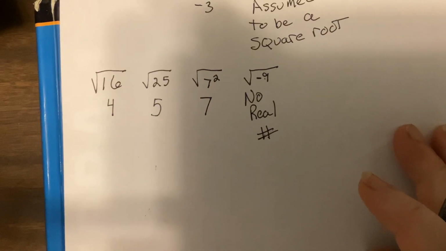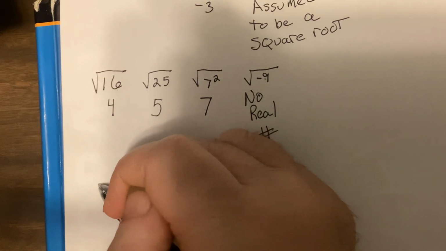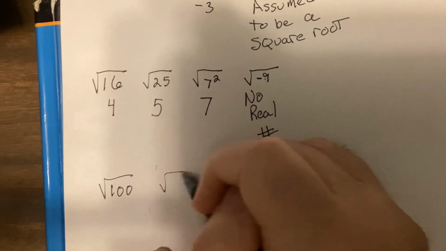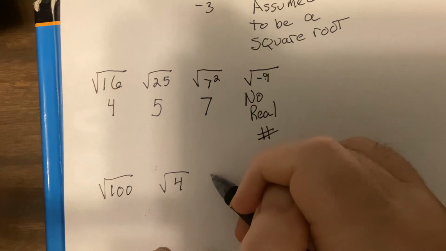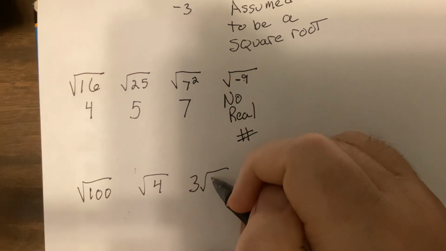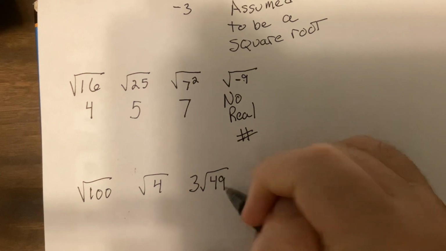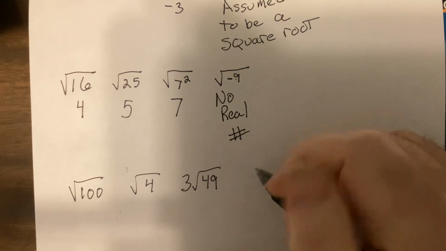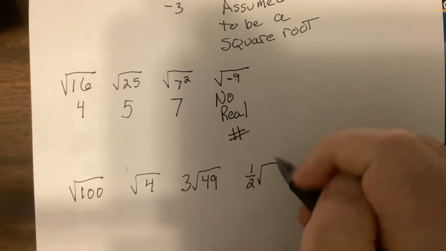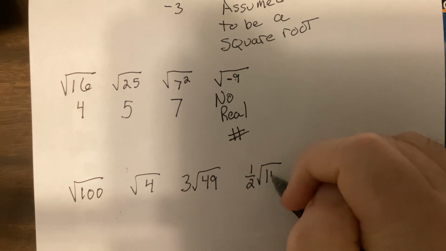So see if you can figure these out real quick for me. Square root of 100, square root of 4, 3 times the square root of 49, 1/2 the square root of 144.